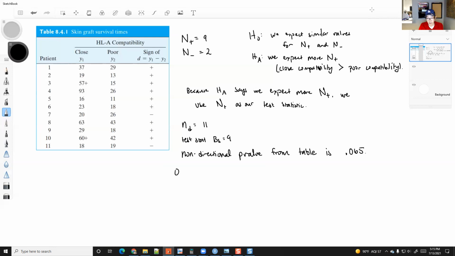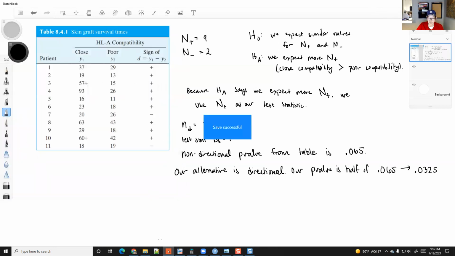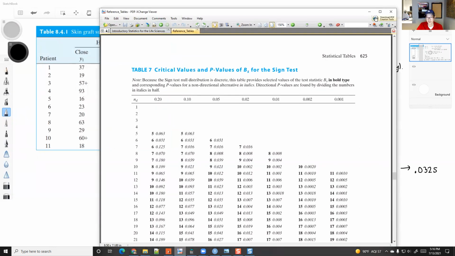Okay, our alternative is directional. Okay, so our p-value is half of 0.065. All right, so that's what we've got.